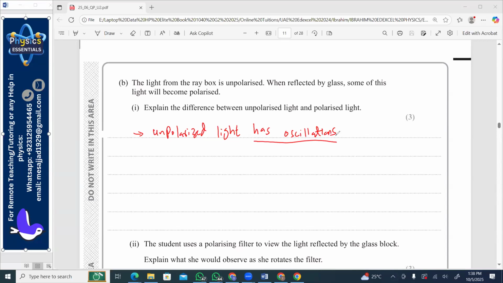Edexcel love to hear this, has oscillations in all directions or planes. Okay. And the best example of this is like your ordinary light bulb or anything. So it moves in all directions, but the polarized light has oscillations in one plane.